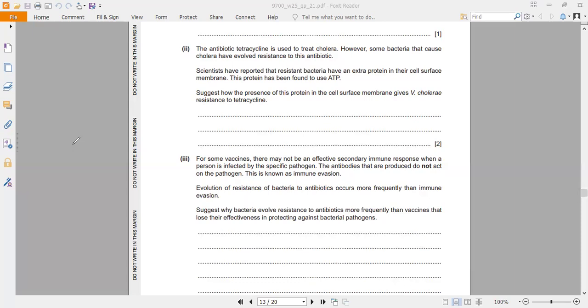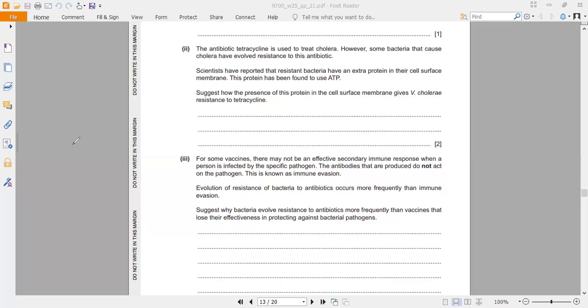So first of all, we must know what the mechanism of antibiotic resistance is. In this question we have to suggest, so we need to apply our knowledge of cell membrane and transport to a new scenario.